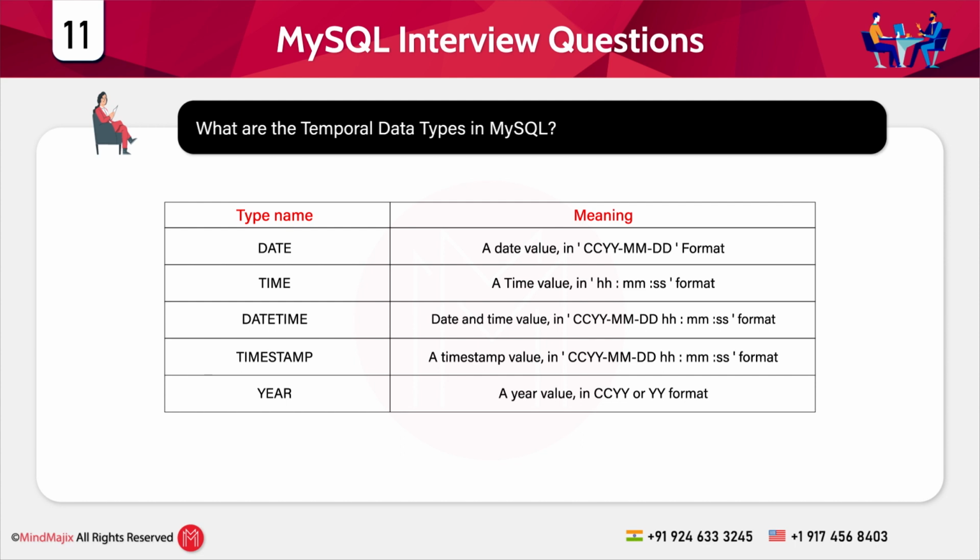So basically, we are combining the date and time data types over here. Apart from this, you have timestamp. So this is a timestamp value in the format year, month, day, hour, minute, and seconds. So then you have the year data type, which is in the format of 4-digit years or 2-digit years.